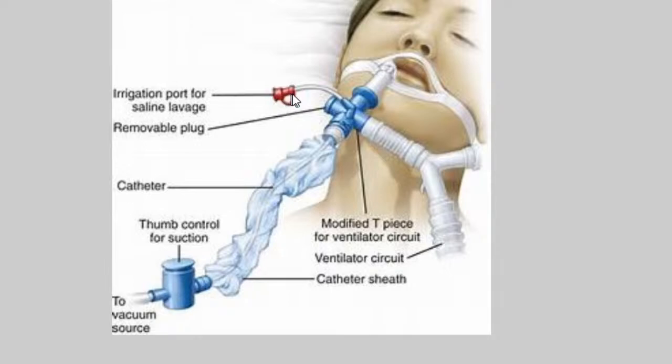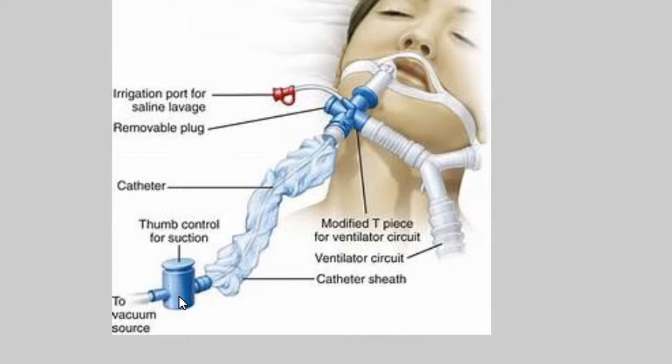It also has that little port where you can put medication and other things. Irrigation, like if you want to irrigate, you see the red part is where you irrigate the port with saline to do lavage. And then here you have the plastic that covers the suction catheter.